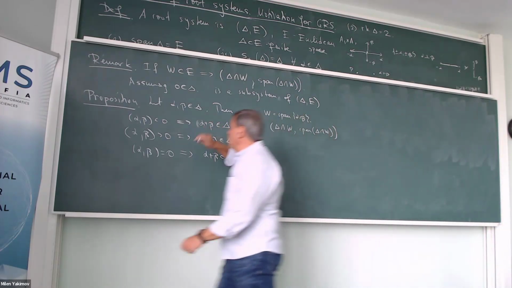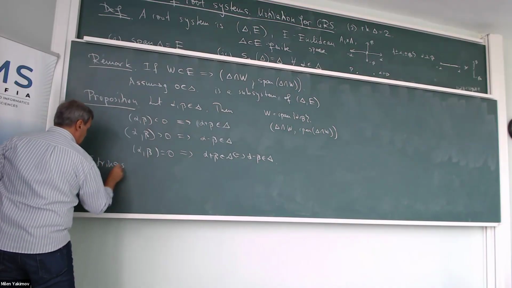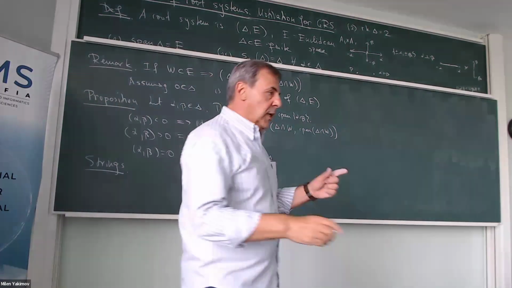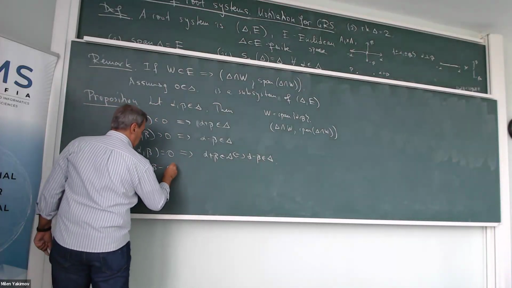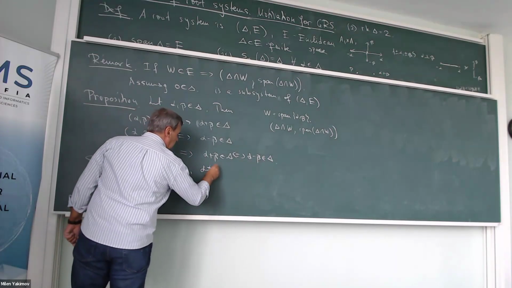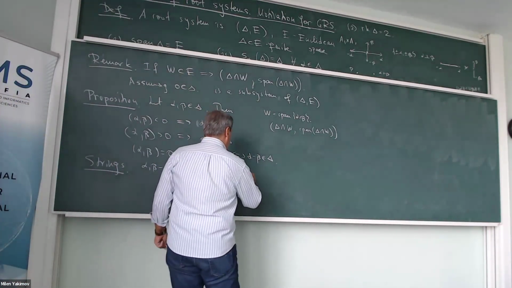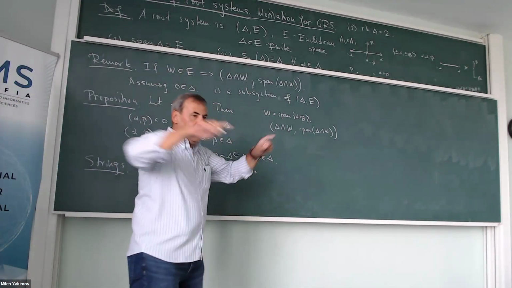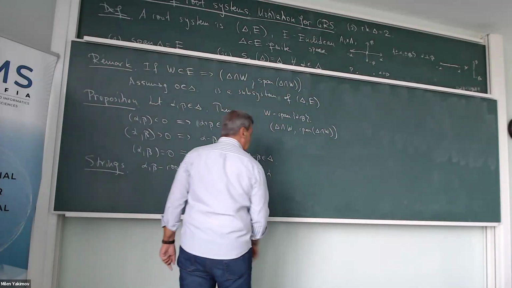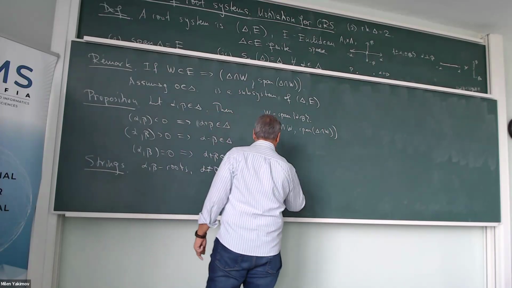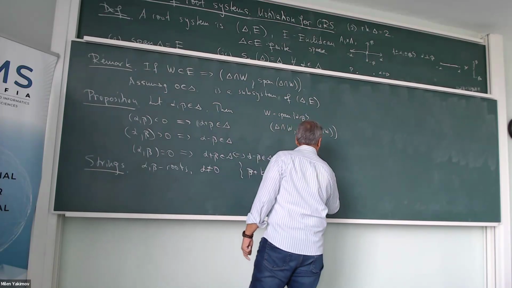Another statement that comes from the same argument: strings. So suppose I have 2 roots alpha and beta. And then I consider the alpha string through beta, so all things of the form beta plus k alpha, with k in Z, and intersect this with the set of roots.